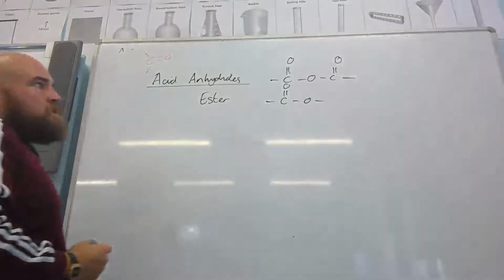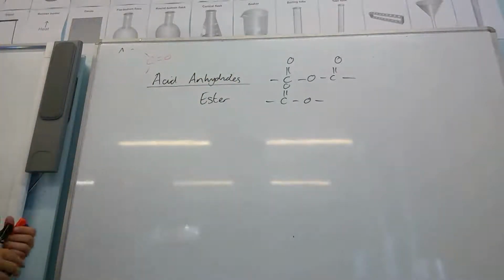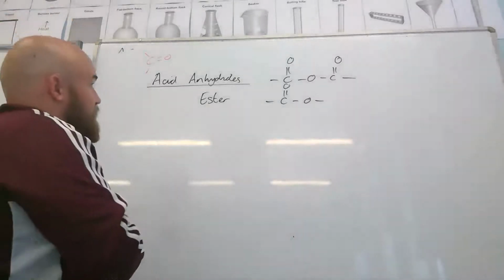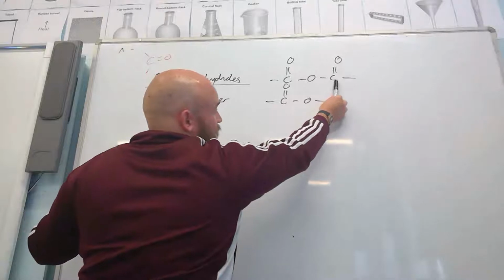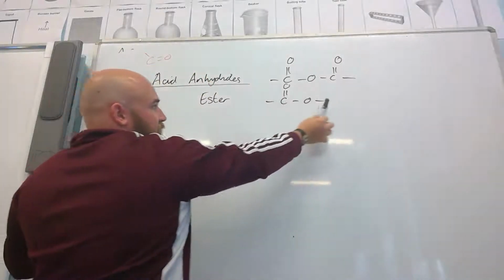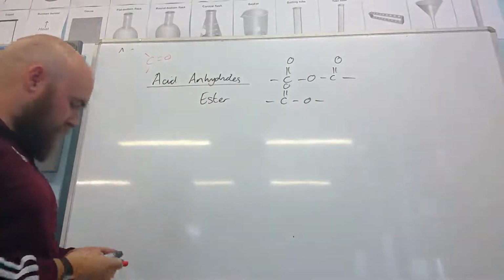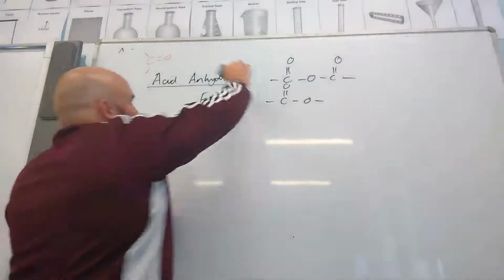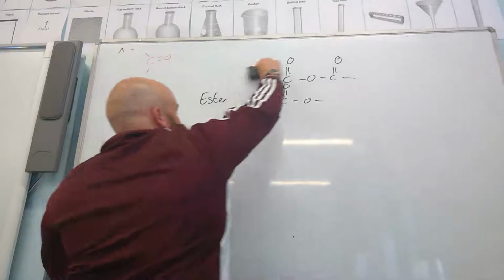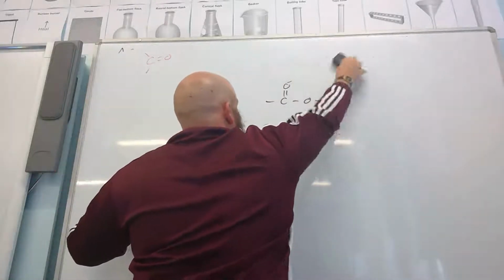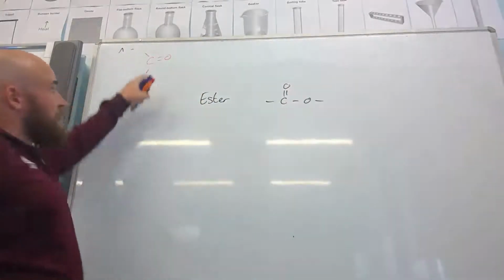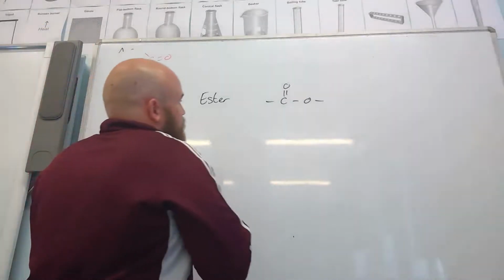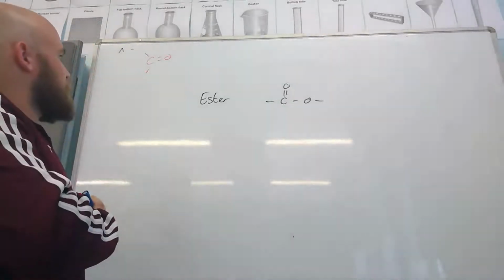Be careful, because they do look very, very similar. The key difference is the anhydride has this extra carbonyl group just here, whereas an ester could just have an alkyl group, methyl, ethyl, propyl. So I'm going to get the anhydride out the way for now. Is an ester a carbonyl group? Does it contain the C double bond O? Yes, it does.